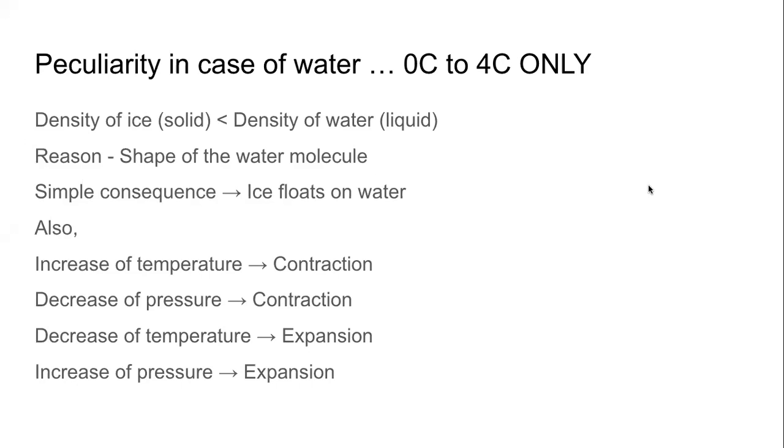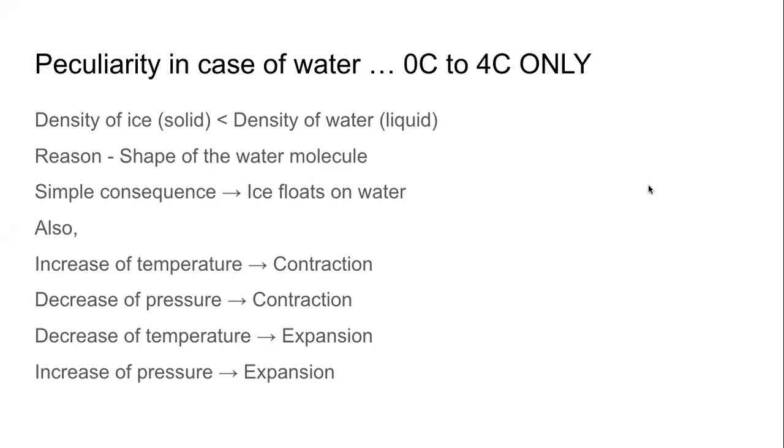We discussed just now that increase of temperature or decrease of pressure causes expansion. That is not what happens with H2O. We discussed that when we decrease the temperature or increase the pressure, there is contraction, volume decreases, density increases. That doesn't happen with water.